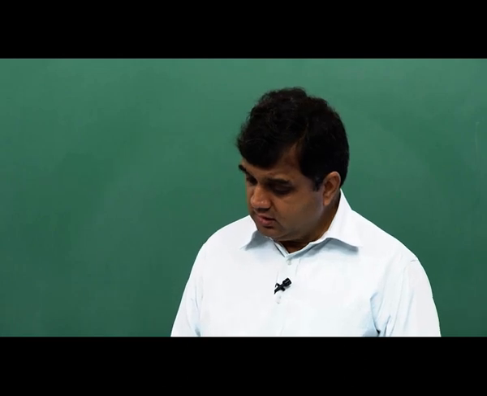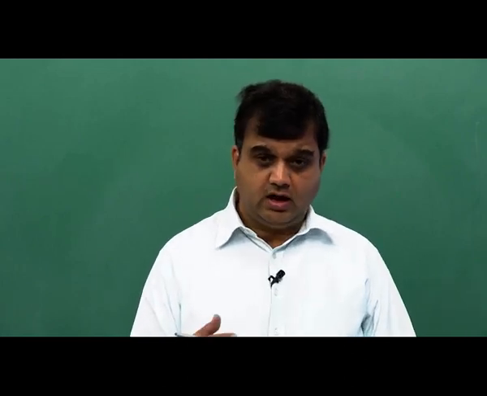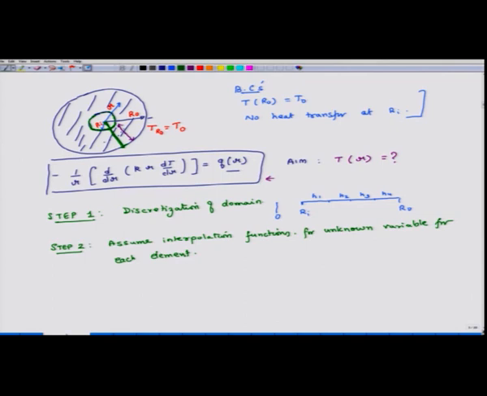T, right. For each element we assume how T is going to vary. So, T is a function of r, and for the eth element I call it Te, with subscript e. So, temperature is varying as a function of r for the eth element. The value of e will be 1 for the first element, 2 for the second element, 3 for the third element.